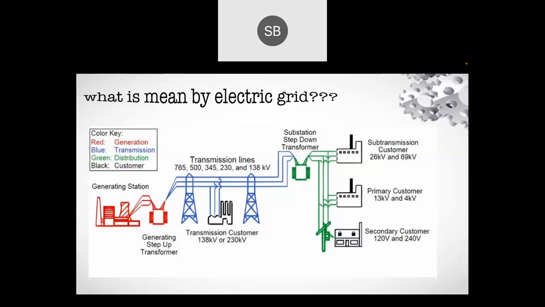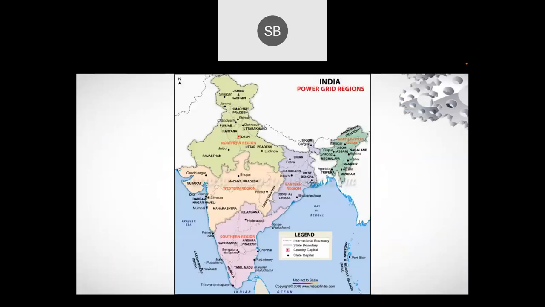Now, India has a national electric grid which is subdivided into regional electric grids, and the regional electricity grid is again subdivided into state electricity grids. These grids are interconnected with each other.